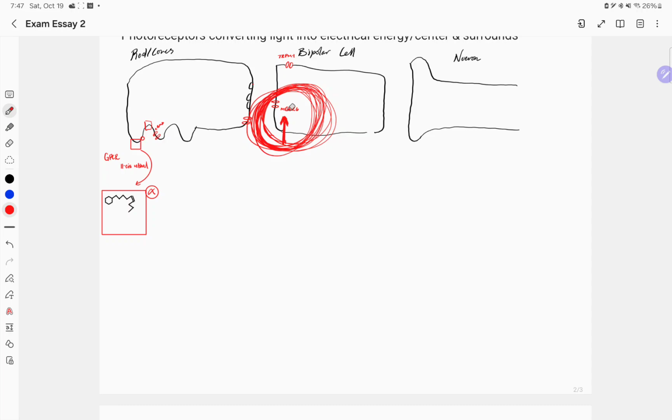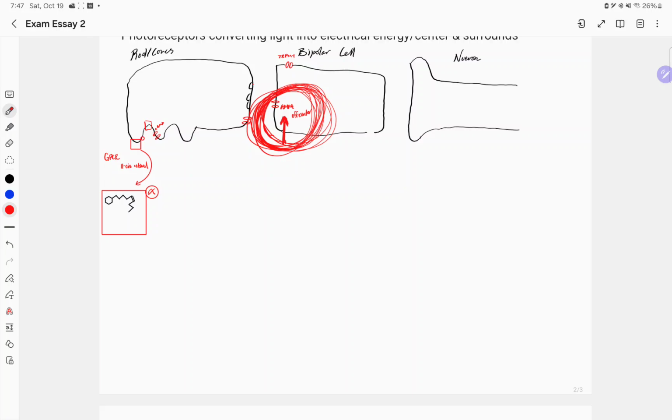Now, with these photoreceptors, in the bipolar cell, 50% are mGluR6. The other 50% have just AMPA channels. And if this were AMPA instead, it would be off-center rather than on-center.